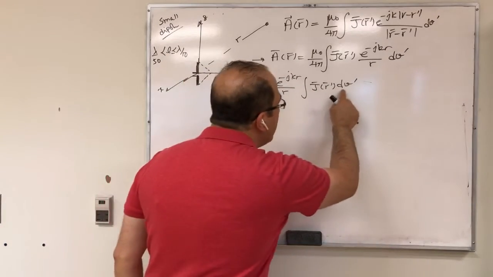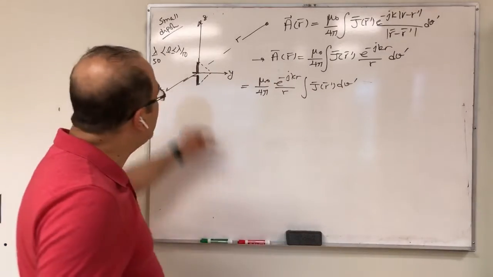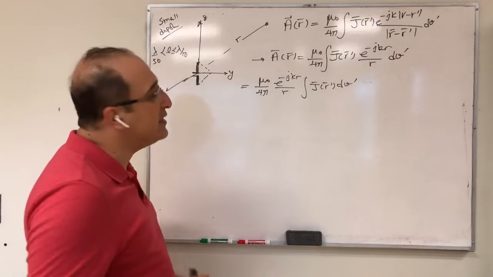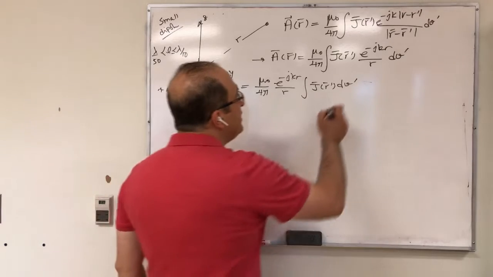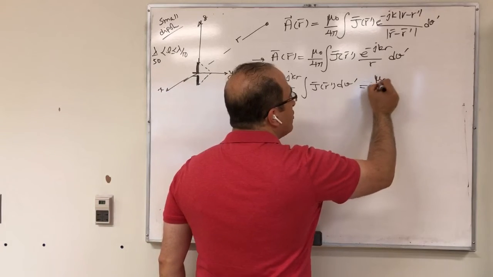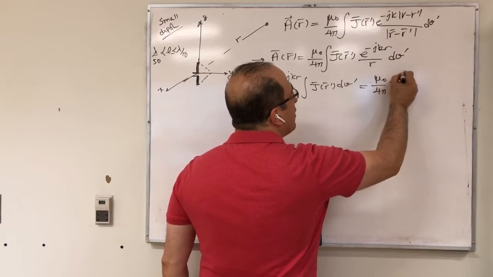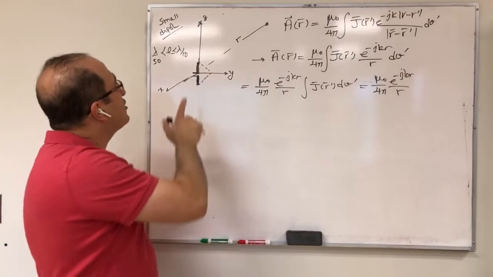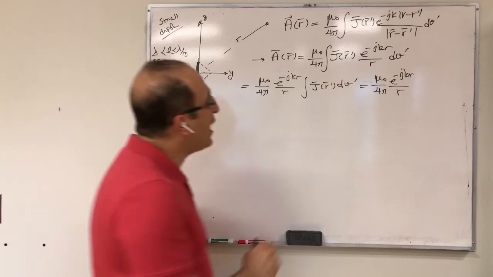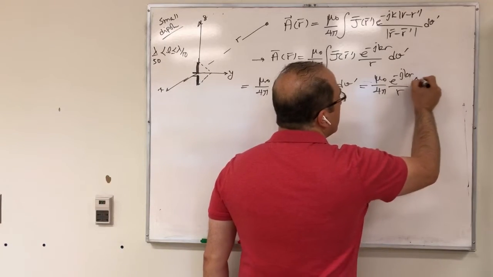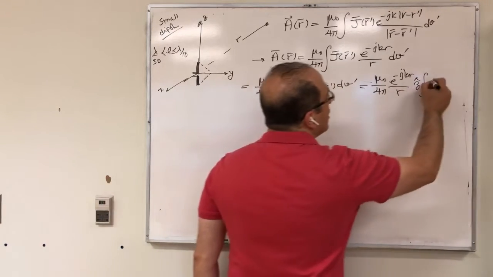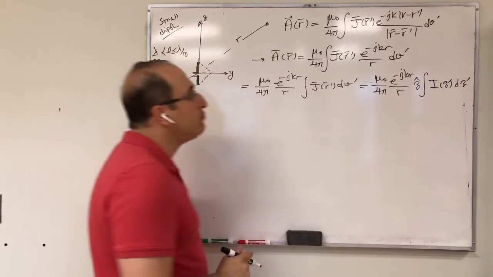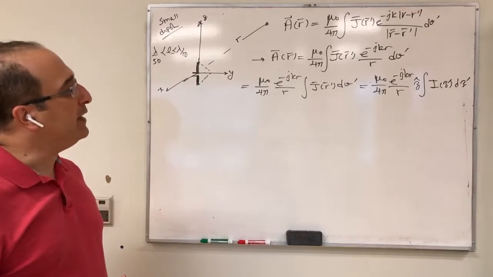The element of integration would be the element of length, because the current is on a line, and the element of length is dz. So I'm going to have mu naught over 4 pi e^(-jkr)/r, and the current is in the z direction, so I'm going to have z-hat, and this becomes I(z prime) dz prime. So this becomes my integration.